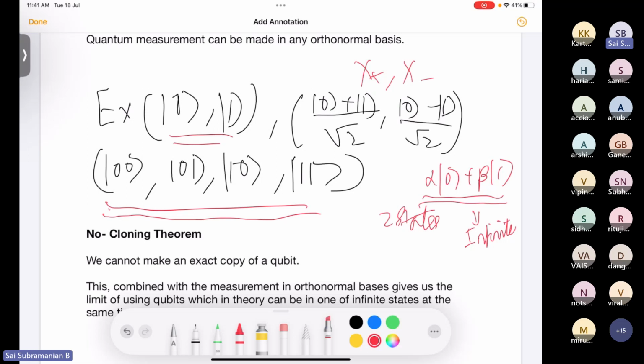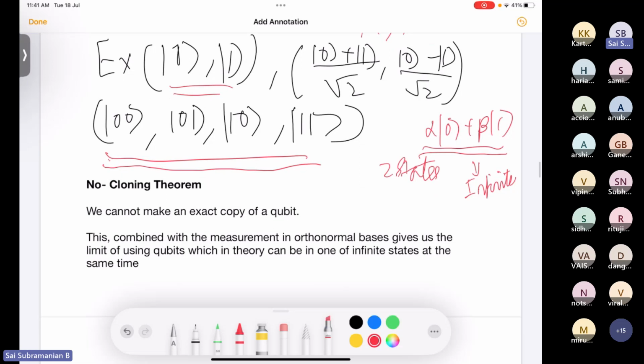And the answer nature has is no, you can't do that, because there is something called the no cloning theorem in quantum computing. So what does that mean? No cloning, like the name suggests, means we cannot make an exact copy of a qubit. This might sound very weird, as we can easily copy the state of a classical bit. But in quantum computing, we cannot make a copy of a qubit.